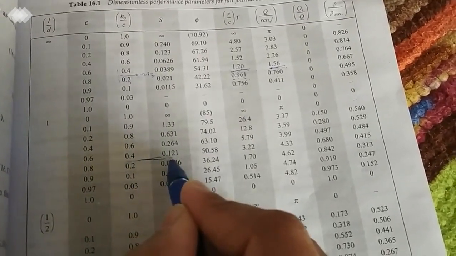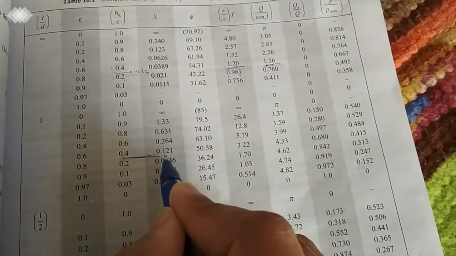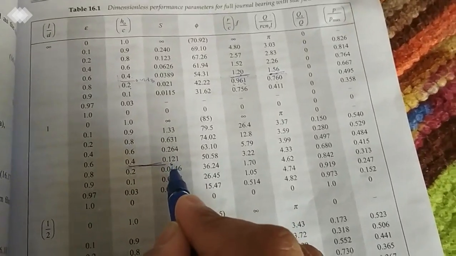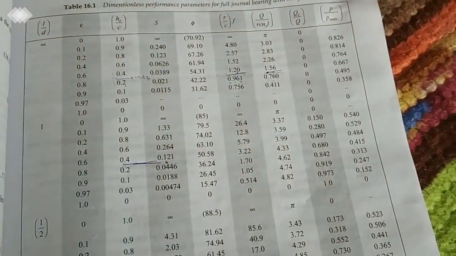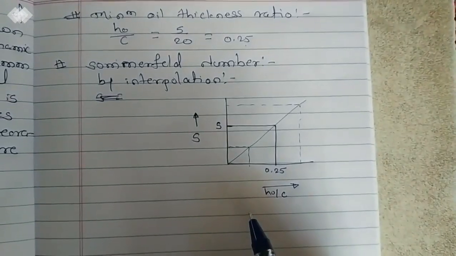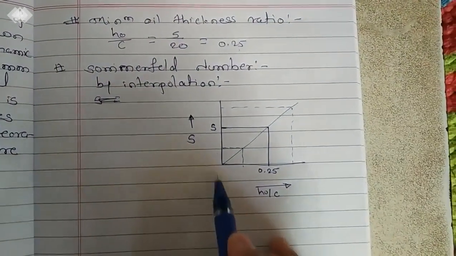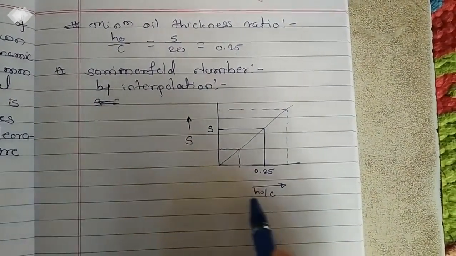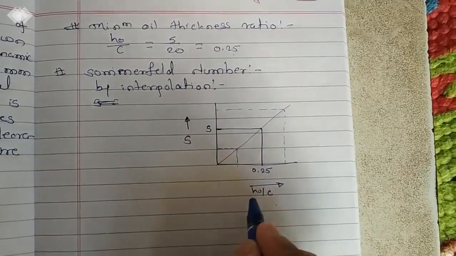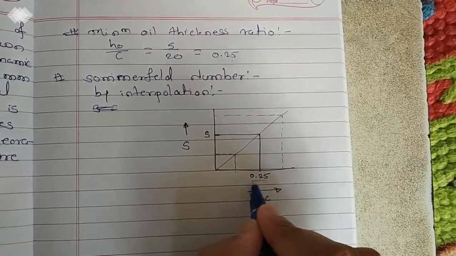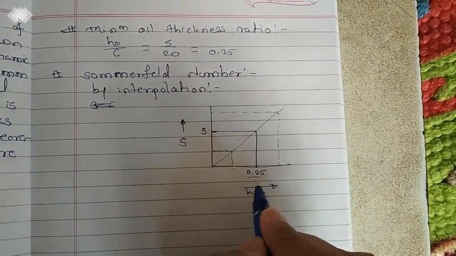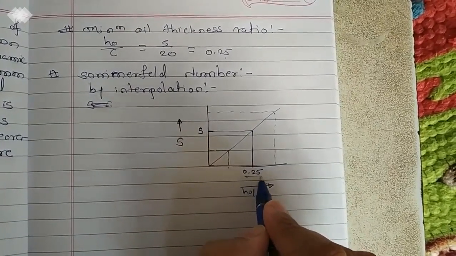When we need to calculate the Sommerfeld number lying between two standard values, we need to go by the interpolation method. Here I plot one graph, S versus h0 upon C. We need to calculate S for the value of h0 upon C 0.25.